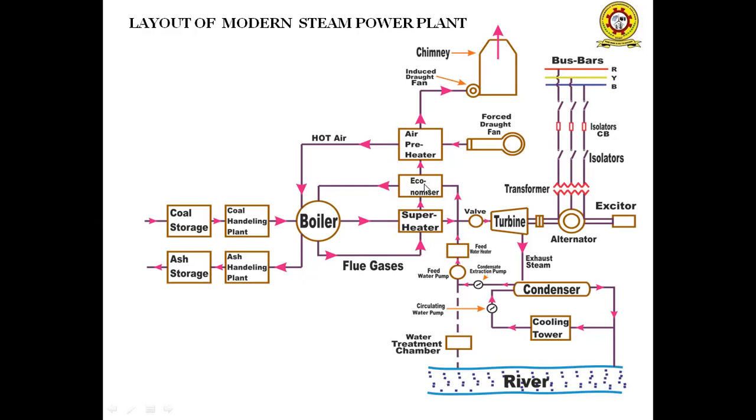The purpose of the economizer is to increase the efficiency of the steam power plant. It increases the temperature of the water. From the economizer, the hot gases enter into the air preheater. From the air preheater, the air is heated, and the flue gases are sent into the chimney.